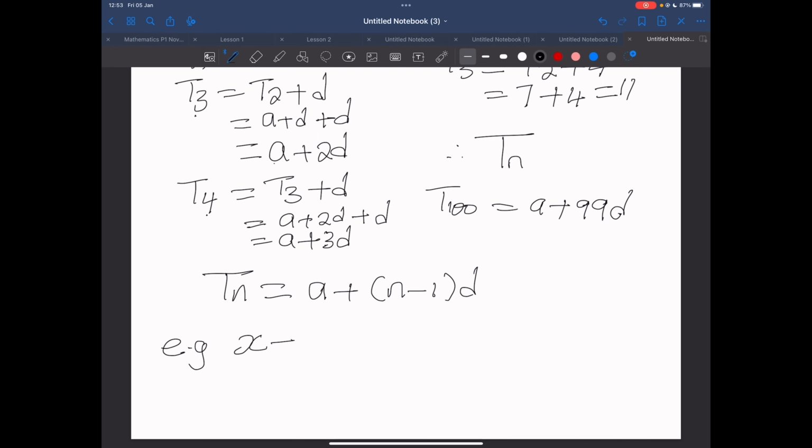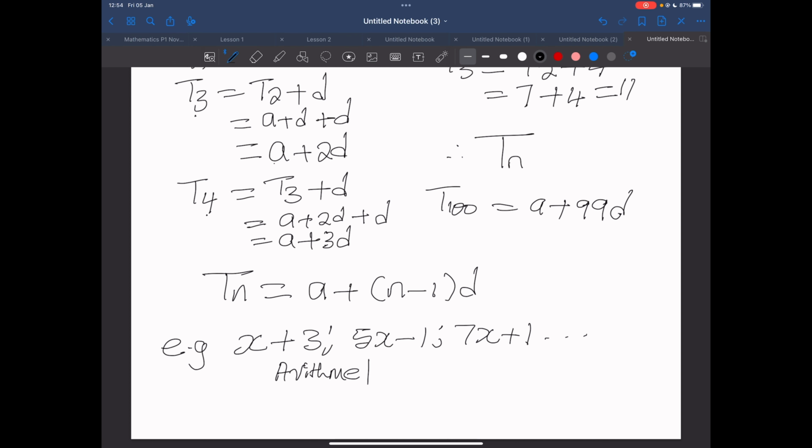So we have the terms x plus 3, 5x minus 1, and 7x plus 1. We are given that these are the first 3 terms of an arithmetic sequence. It must be stated otherwise.